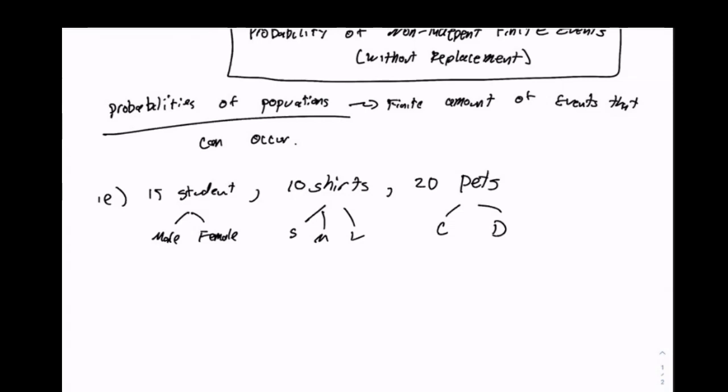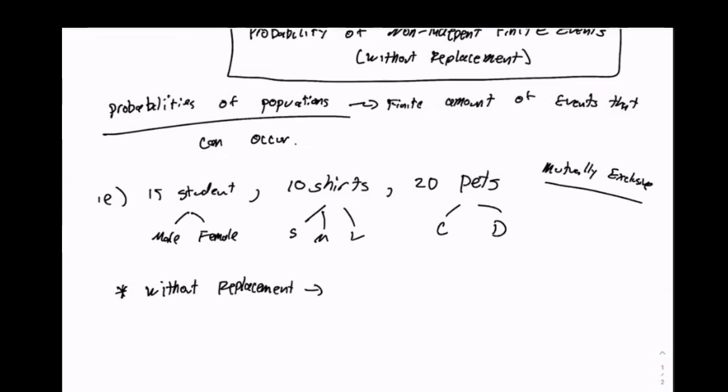Now, in each one of these, they're all mutually exclusive as well within each one of them. So you have either a cat or a dog, but you're going to select them. And the other key information here is this idea of without replacement.